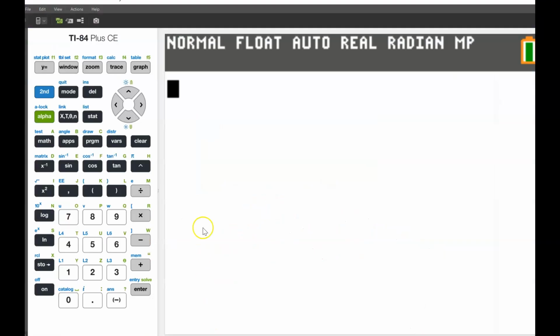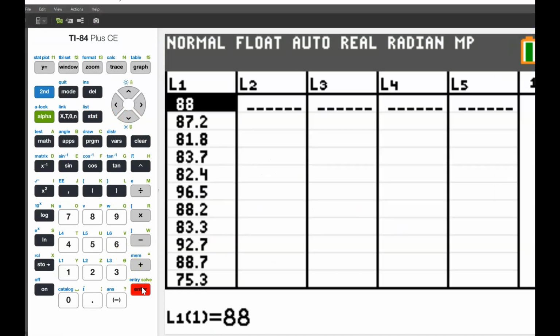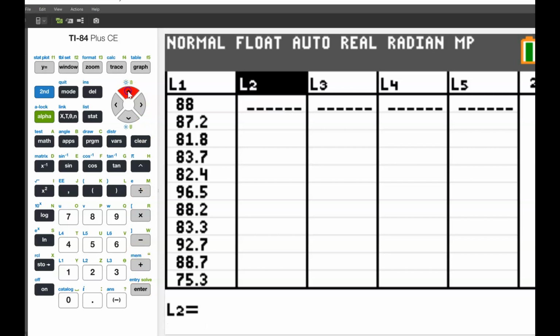So if you have your data values entered into your calculator, you have something like this. We certainly do not need to take the time to go through and add 3 to all of these things. Here's what you're going to do. You're going to go over to the label L2 and write a rule for the entire list. The rule is L1, which you get from second 1, plus 3.